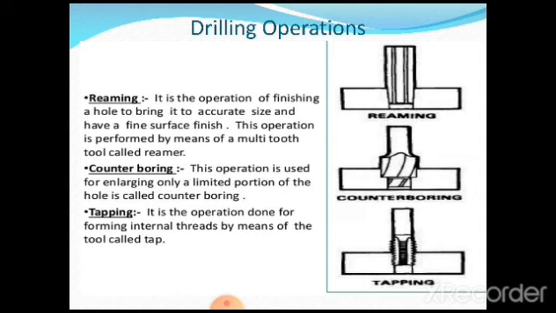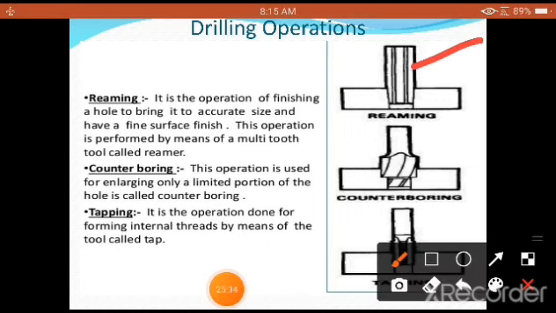This operation is performed by means of a multi-tooth tool called a reamer. This is the reamer and this is the workpiece. The operation is similar again, but here the feeding of the tool is given very slowly.